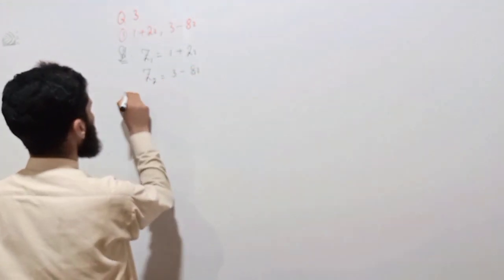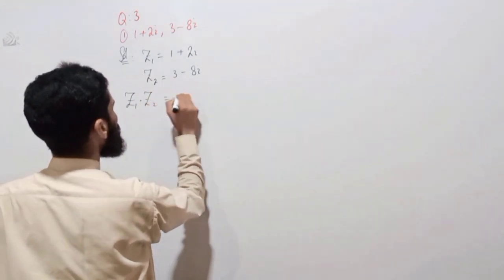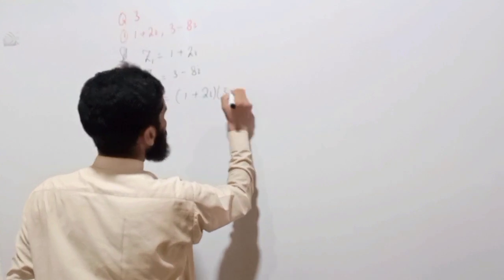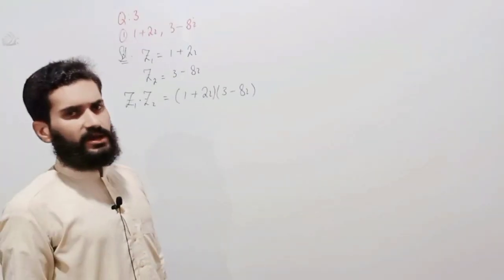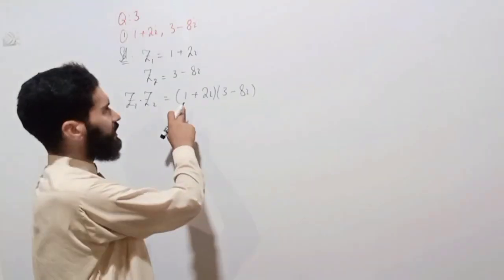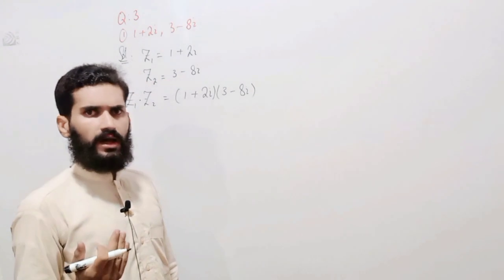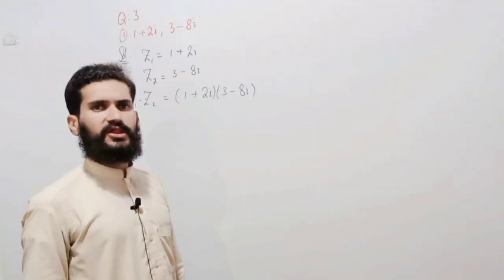We multiply Z1 times Z2, that is, 1 plus 2 iota multiplied by 3 minus 8 iota. Multiplying, we take the first term of the first complex number and multiply it with both terms of the second complex number, then the second term with both terms of the second complex number.